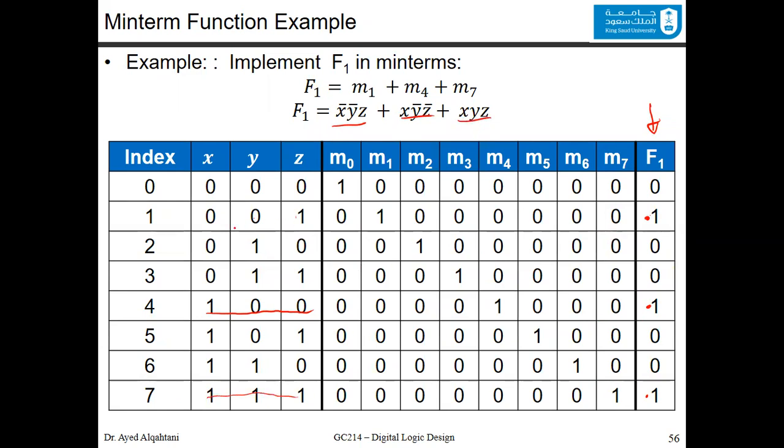Or you could say that this one is min term 1, m1, this one is min term 4, and the last one is min term 7. Now that you found the min terms, each one is ANDing the variables together, and then you OR them together to find the sum of min terms. This is how you find a function using the min terms.